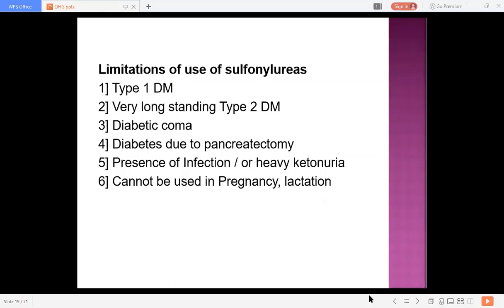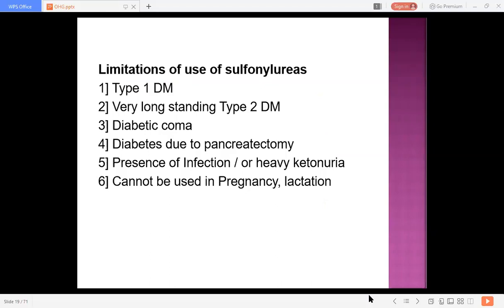Limitations of use of sulfonylureas. We can't use sulfonylureas in type 1 diabetes mellitus, very long-standing type 2 diabetes mellitus, diabetic coma, diabetes due to pancreatectomy, or presence of infection or heavy ketonuria.